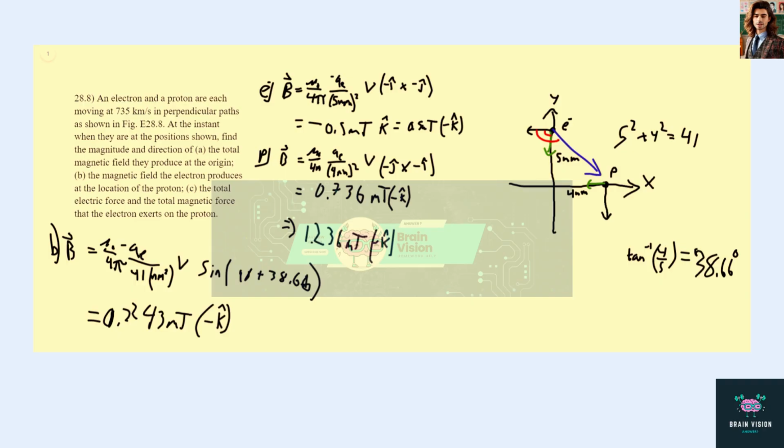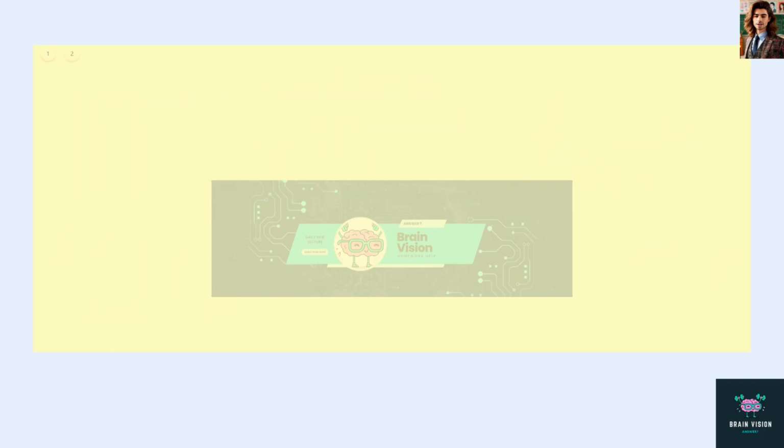Okay, so now we can find the total electric force and total magnetic force that the electron exerts on the proton. And let's do this on the second page. So the electric force of the electron acting on the proton, we can write as 1 over 4 pi epsilon naught. And then we have the charge of the electron is negative QE.